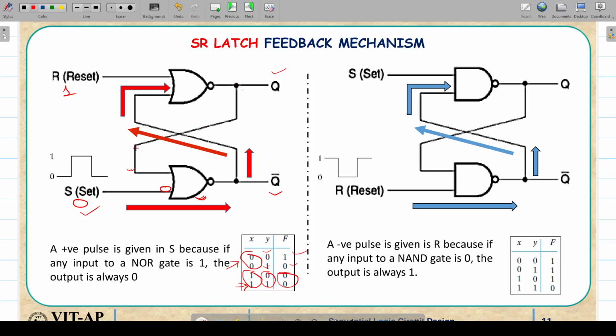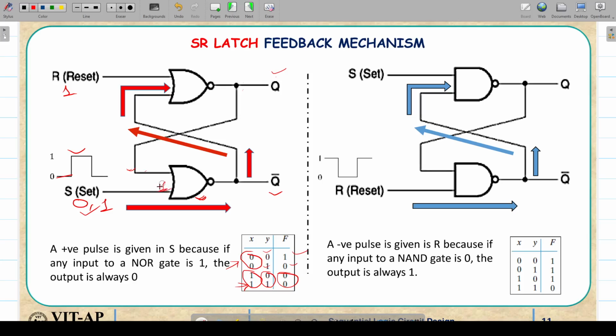Depending on this we will get a value here. We cannot really say we control that by making one input 0. Now let's say the value is equal to 1, so instead of 0 I will write 1 here.